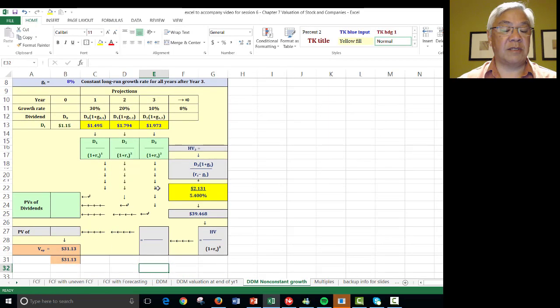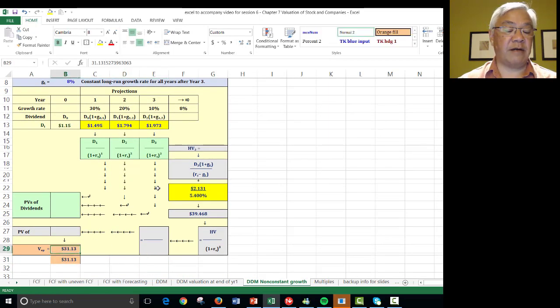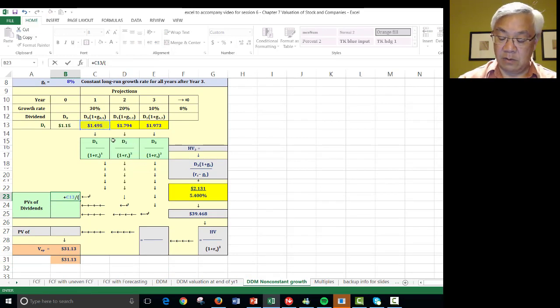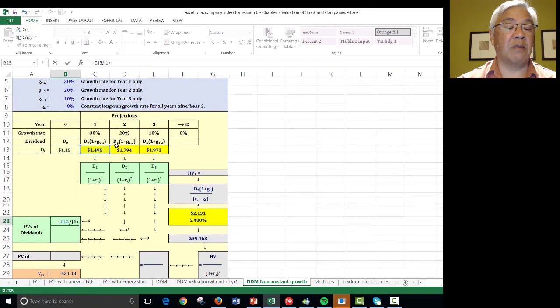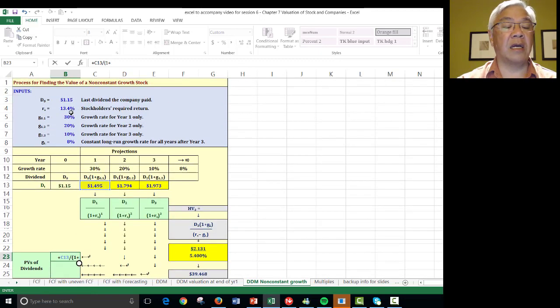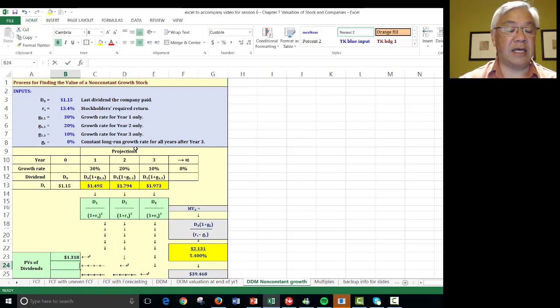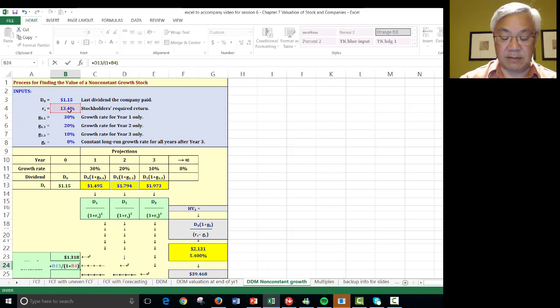All right, so similar to what we did before, we'll do present values. So let's start with year 1's dividend. So it's that divided by 1 plus WACC, or required return rather. It's not WACC, raised to the first power. Okay, so it's just that. Next, we take year 2 divided by 1 plus the required return, raised to the second power.